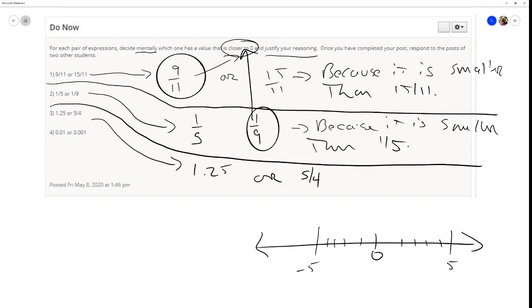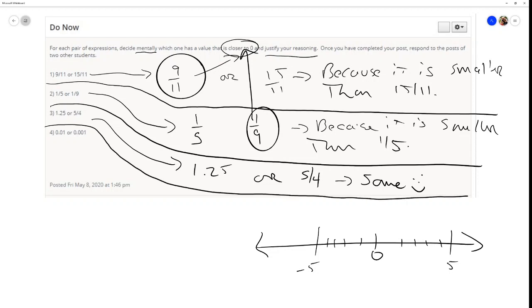And if I have 5/4, okay, the 4 is smaller than the 5, which means the 4 can go into the 5, which would give me a whole, and that would leave me 1/4. So that would then be 1 and 1/4. So 1.25 is 1 and a quarter, 5/4 is 1 and a quarter. So I'm going to say they are the same. They're both the same distance from 0.